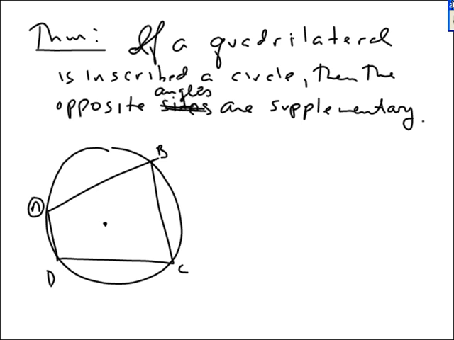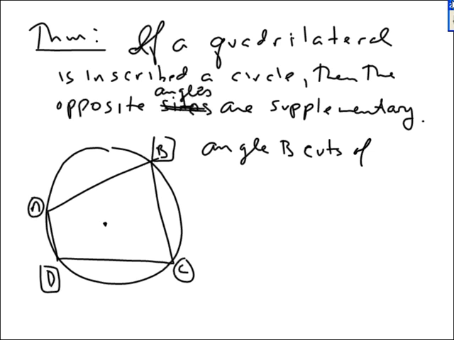Angle A and C are opposites, and for the record, B and D are opposite. Well, angle B cuts off, or intercepts, arc ADC.